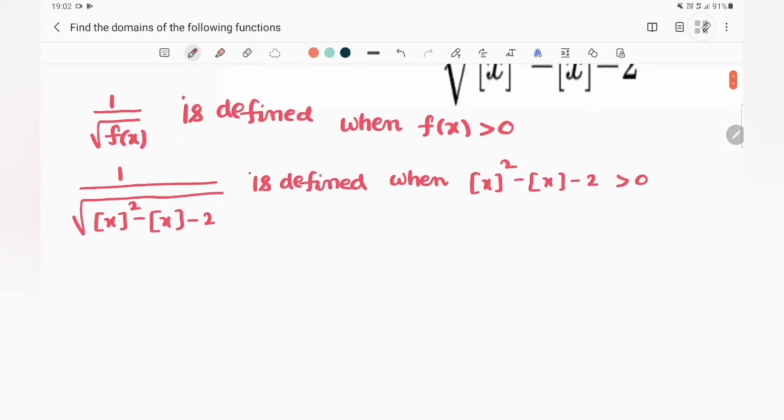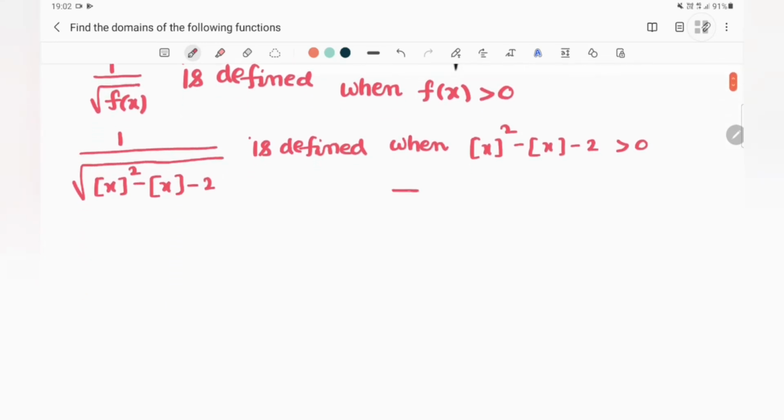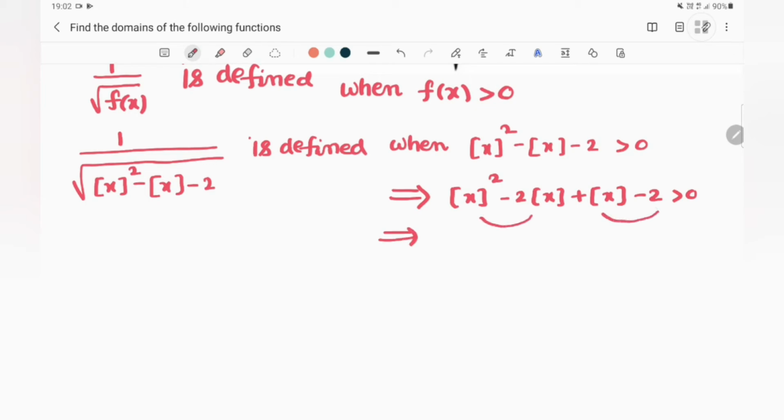So, by using factorization, [x] whole square minus 2 into [x] plus [x] minus 2 is greater than 0. From here [x] take common, from here 1 take common. So, [x] into [x] minus 2 plus 1 into [x] minus 2 is greater than 0.